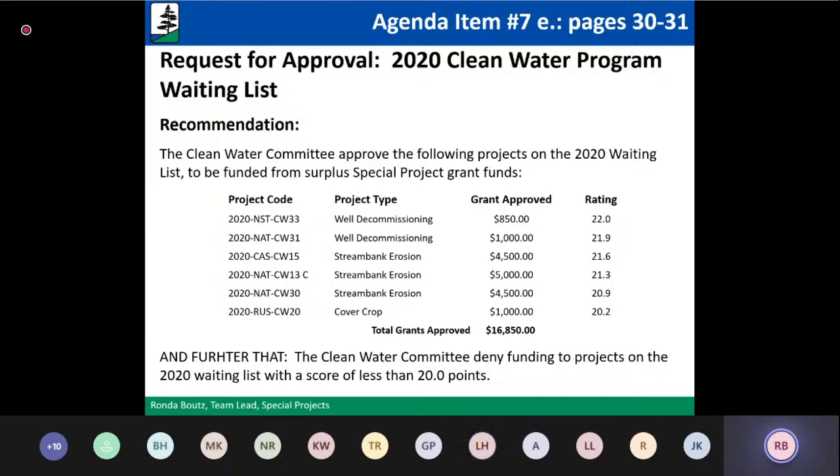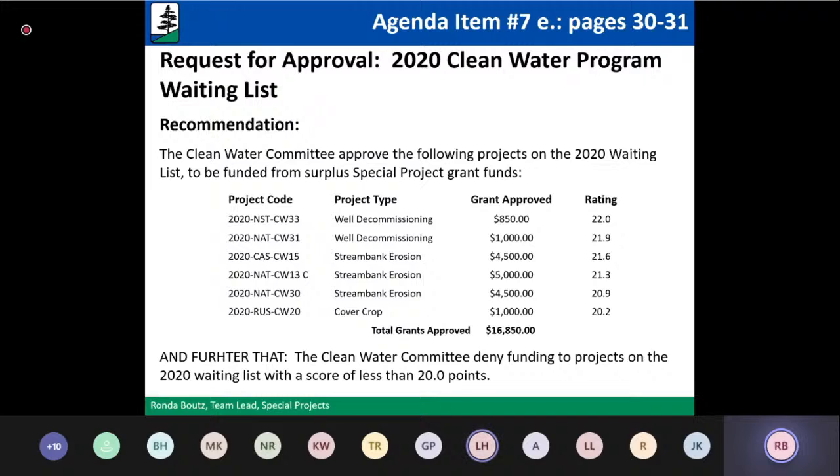So we didn't have any commitments on that funding this year, other than about $1,200 that we used on one of the eco-action buffer demonstration sites. The seeding we had done last year didn't take well, so we've purchased seeds to work with a farmer to reseed the grass portion of that project.